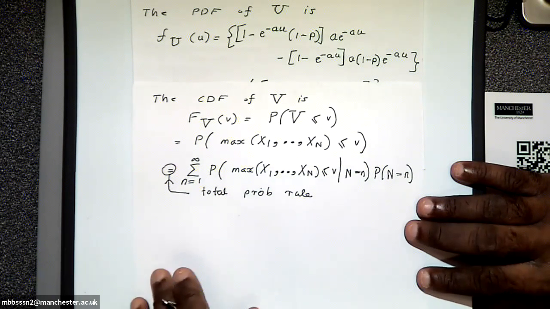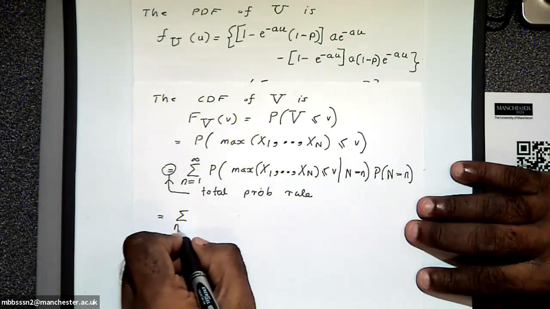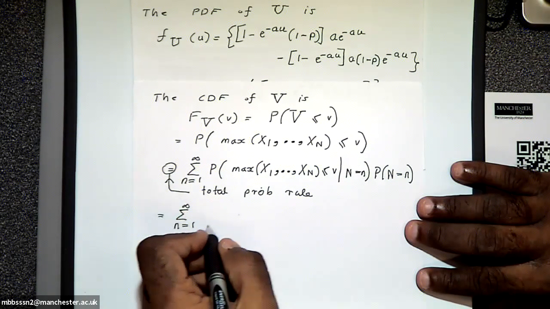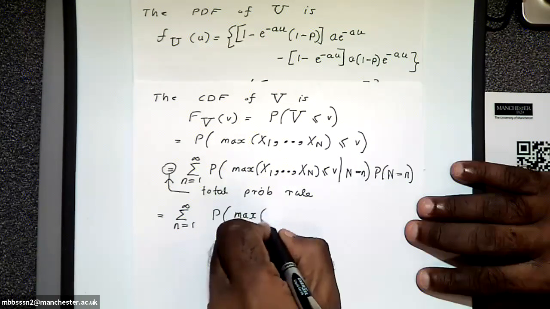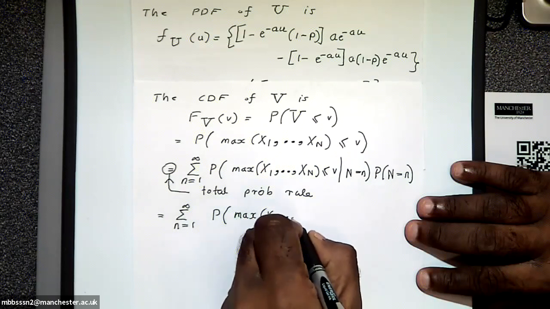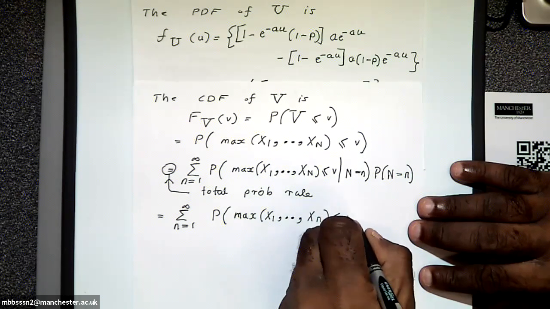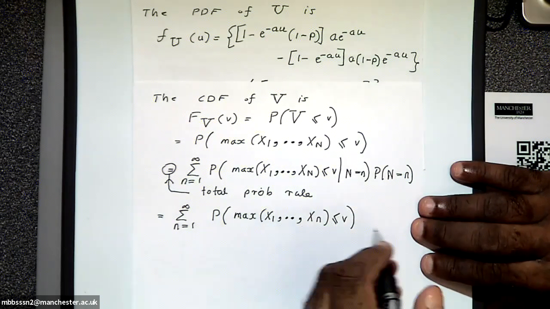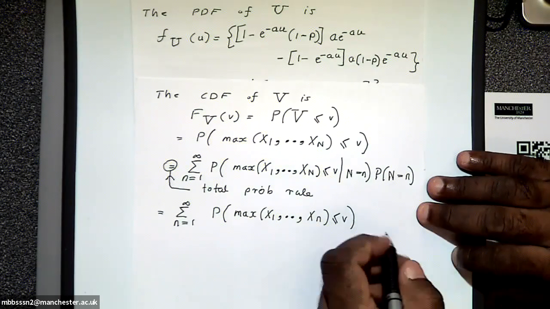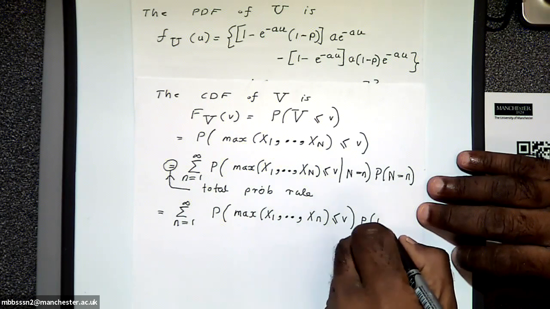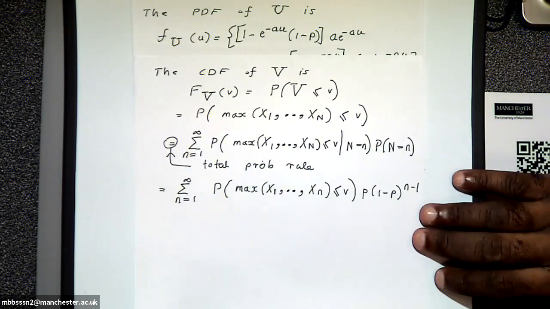Now this becomes, because I'm choosing capital N to be little n, and this is the probability of a geometric variable, which is p times (1 minus p) to the power n minus 1.